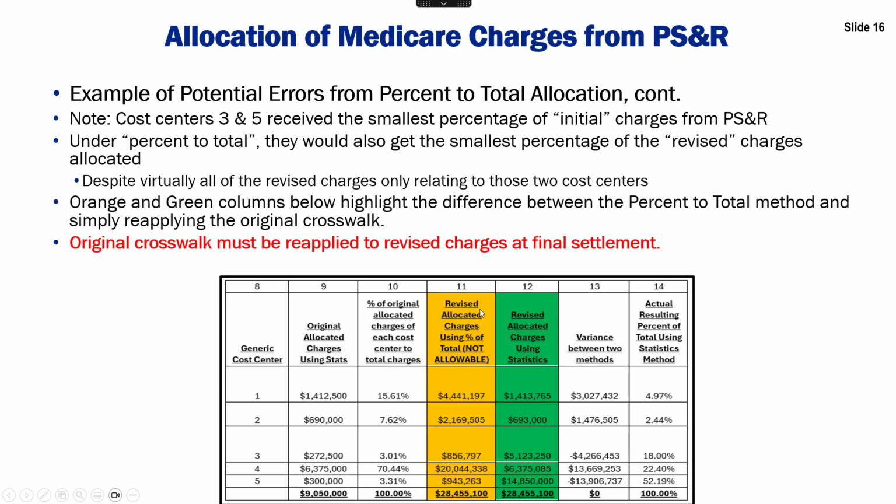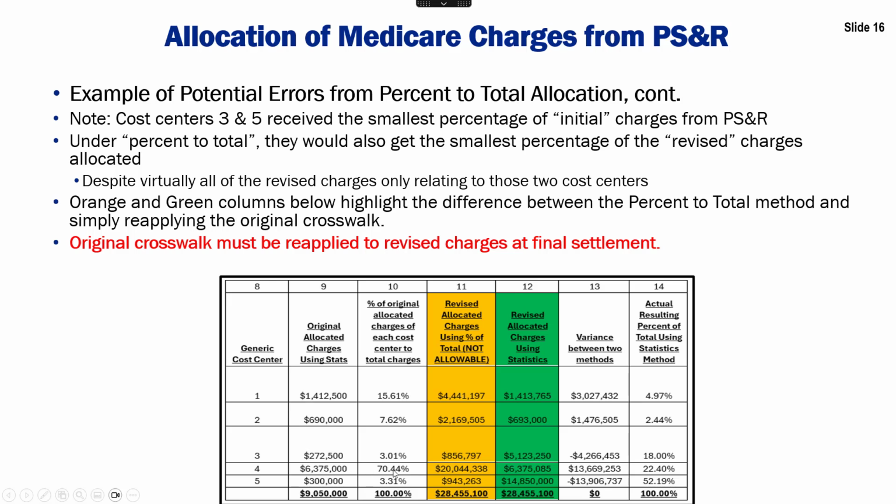Now, if we just apply the percent to total, what that basically says is if cost center 1 had 15% of the original Medicare charges, it should have 15% of the new Medicare charges. And if you take a look at cost center 4 specifically, that one had 70% of the original charges.